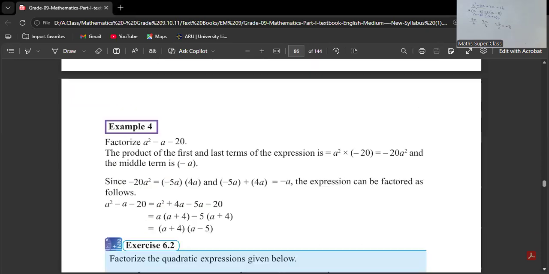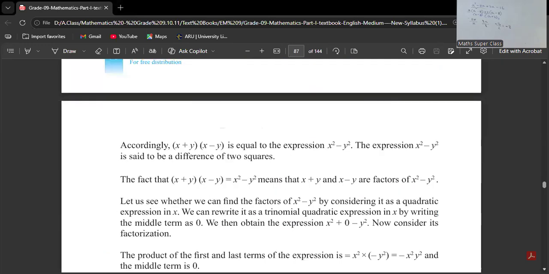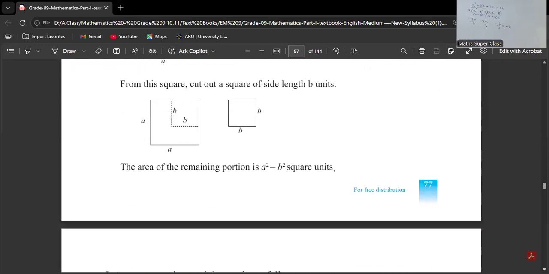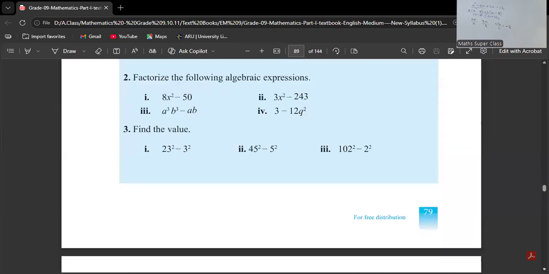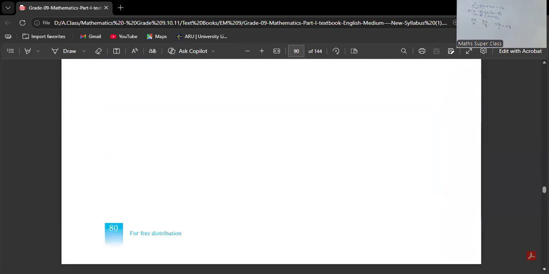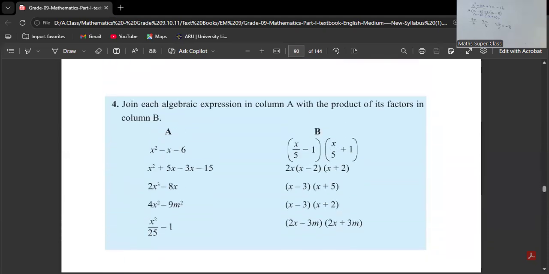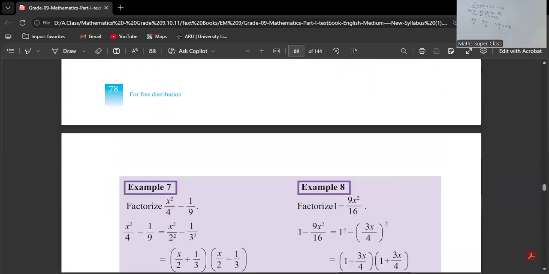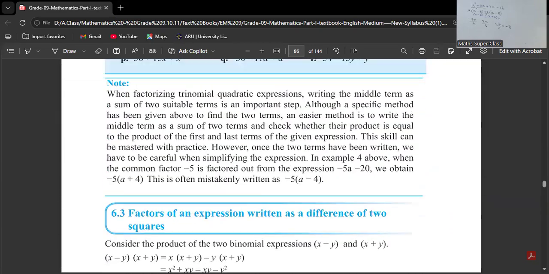I think this is the last part. No, there is another part here. We don't need to consider this one actually. The last part is actually not easy.